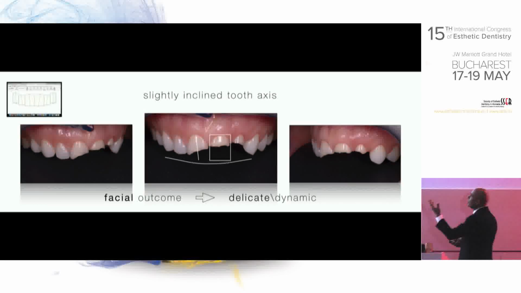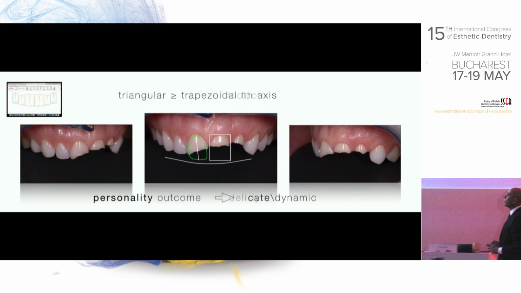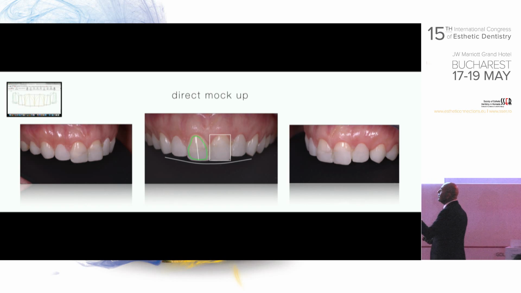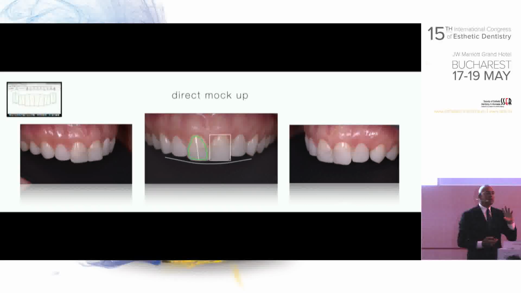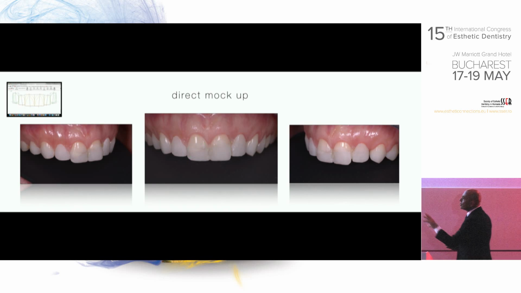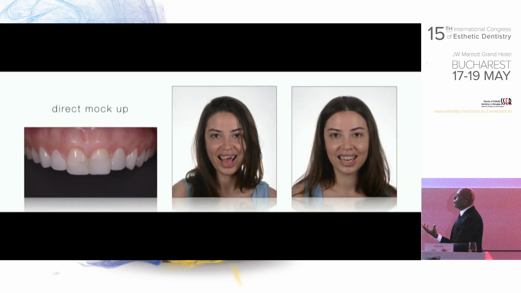And then we know that the tooth axis will be slightly inclined. And throughout the personality trends, I know that I need to make the design of the individual tooth shape triangular to trapezoidal. So with this information, when I do the mock-up, it's exactly what really fits into the patient's smile. So with that, the rest is so easy.